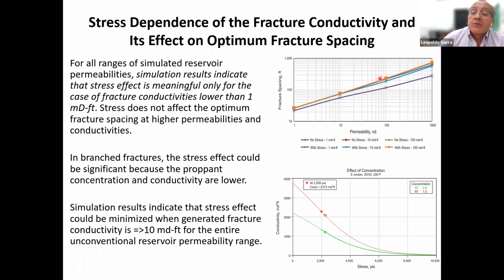This one is with no stress, so it could be 200 feet. But if we consider the stress effect, we need to correct the fracture spacing by at least 50%. So the stress effect on the fracture conductivity is going to play a big role, especially in unconventional reservoirs.